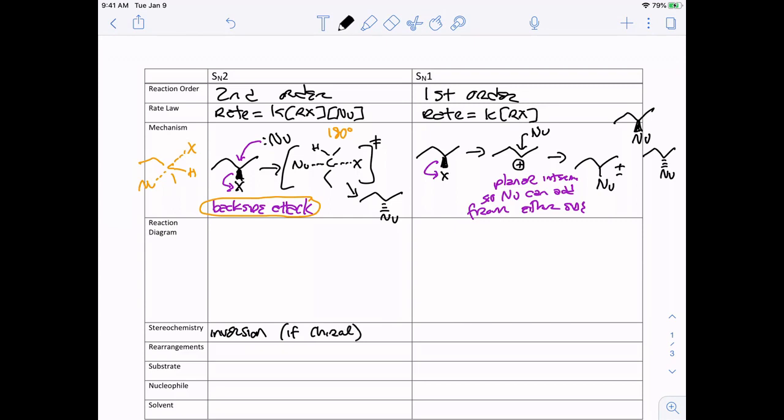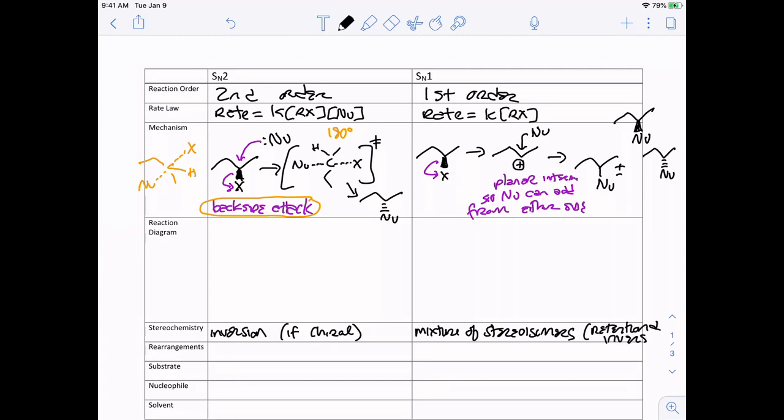For my first order reaction, right, my SN1, because that leaving group is leaving, I'm going through that planar intermediate. My nucleophile can add both ways. So we actually get a mixture of stereoisomers. We could say we get retention and inversion.